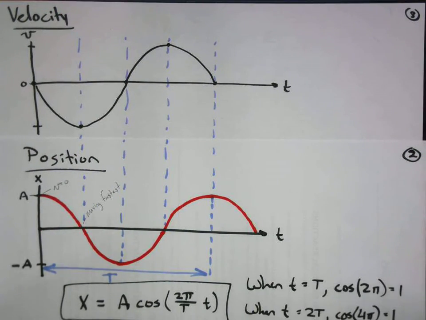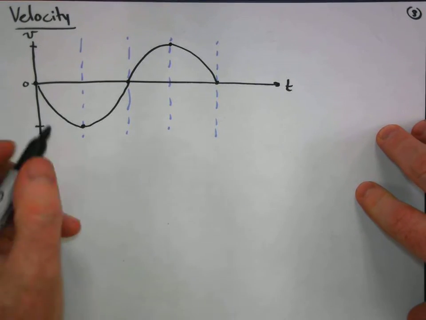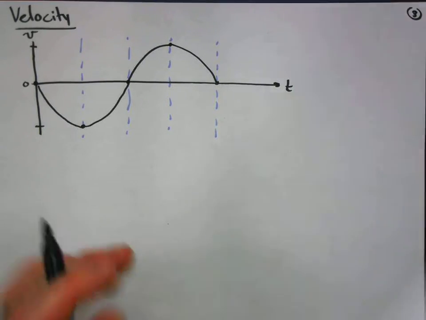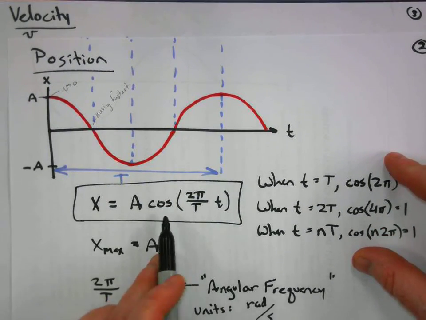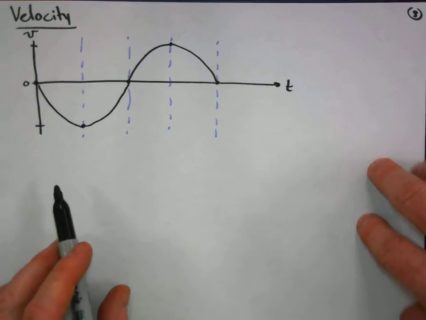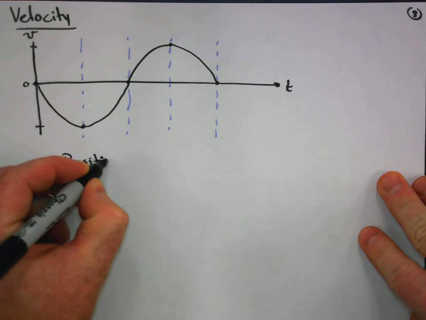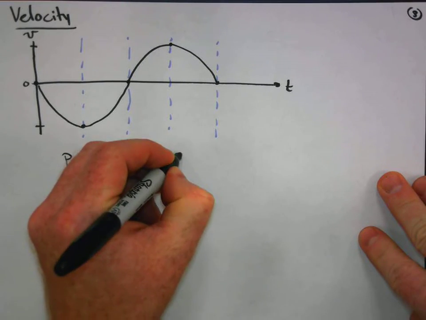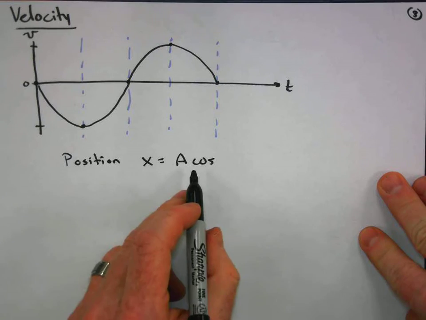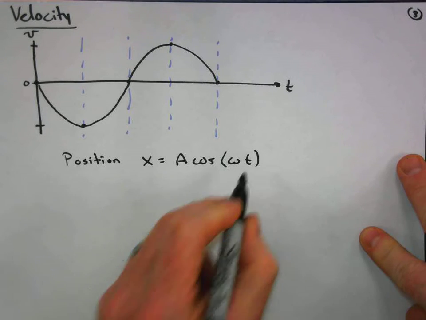Sure looks like a sine graph, a sine wave, but it's been inverted, right? So there's some things we can discern from that as well. Also, if you understand some calculus, and I should note this, if you understand some calculus and you take the derivative with respect to time of this, then you're going to end up with the equation that we'll show here. So remember, for position, we had the position equals amplitude times cosine of angular frequency times time.